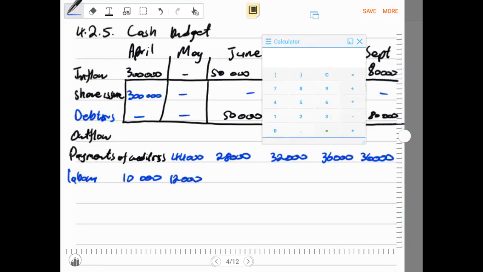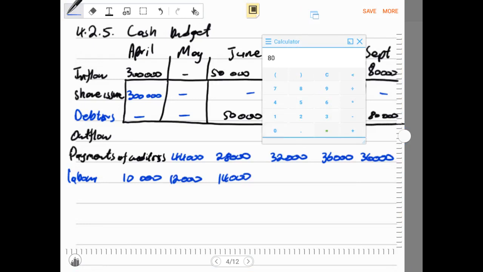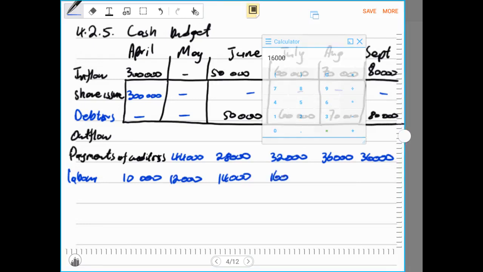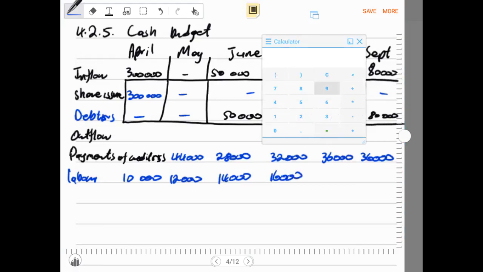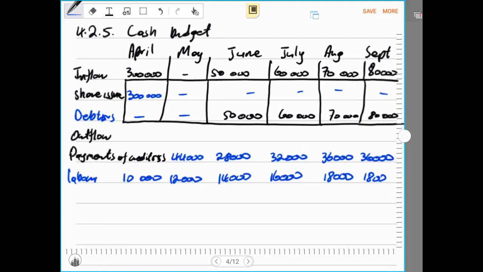Then 700 by 20 gives us 14,000. Then 800 by 20 is 16,000. Then 900 by 20 gives us 18,000. The last one will also be 18,000 because it was again 900 units. Then our labor is done.